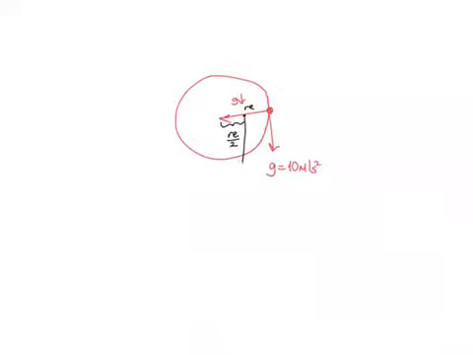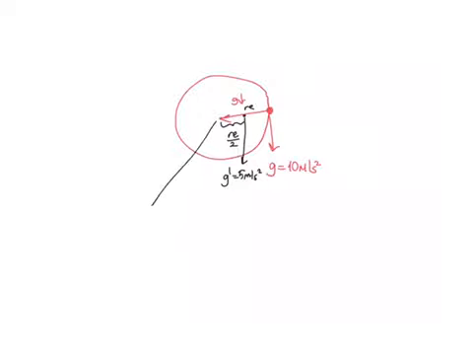Now let's review the topic. At the surface of the Earth the gravity is equal to 10 meters per second square. When I go through the Earth toward the center, g decreases directly proportional to the radius. When I am at halfway of the radius, my g becomes 5 meters per second square.